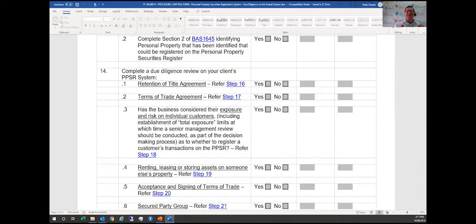It takes that event to occur before there's any problems involving not having registered on the Personal Property Securities Register. But far more of those unfortunate events occur than what you might think.